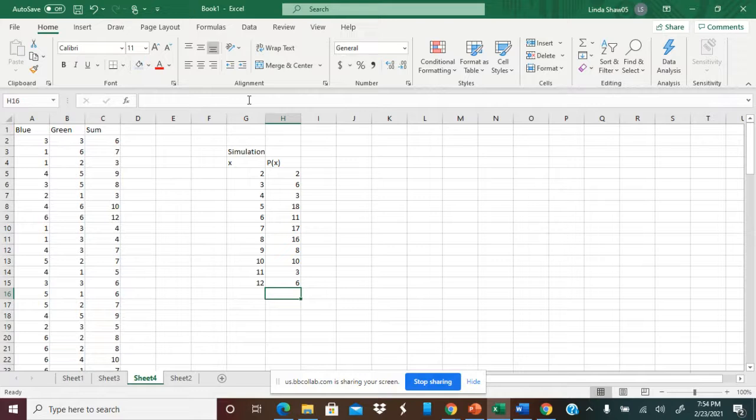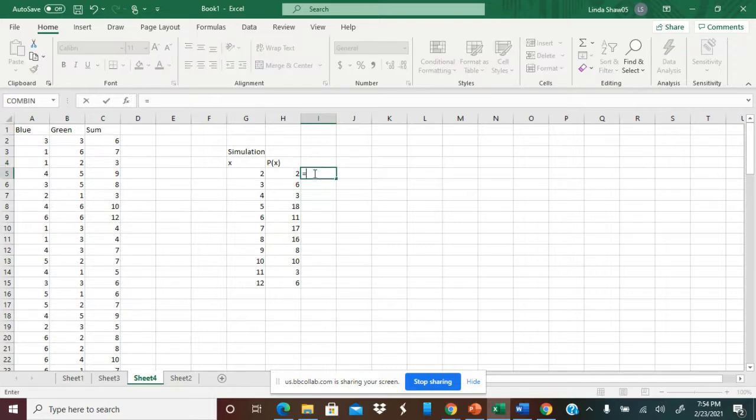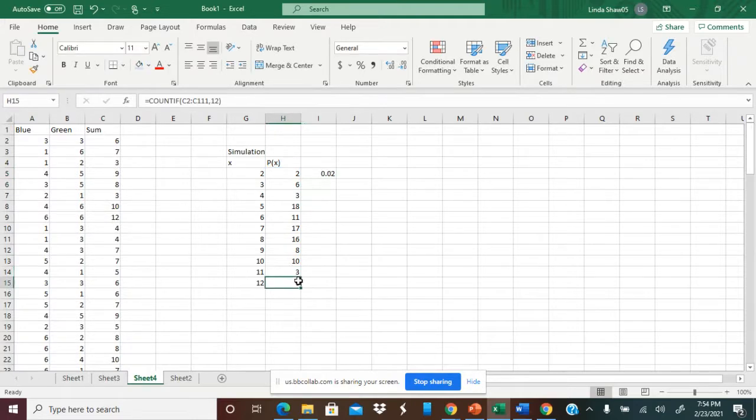And then she's going to have to divide all these numbers by 100. Yes. So essentially, Linda, you're typing in, like in the last one you just did, between cells C2 and C whatever, how many times did you find 12?